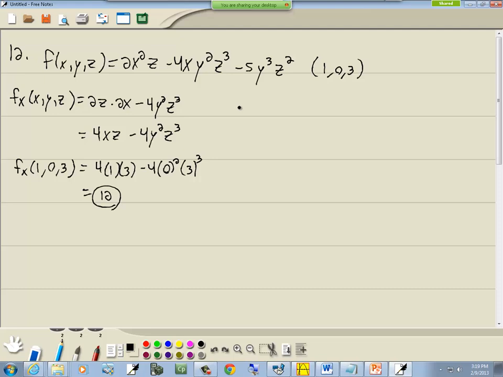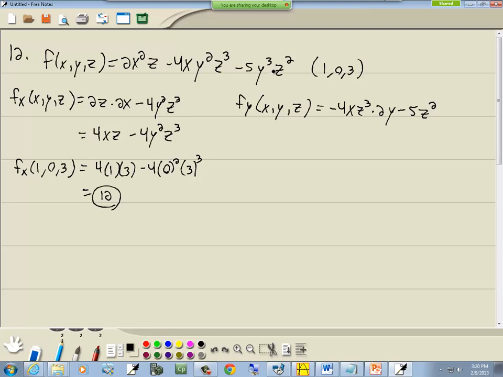Okay, so let's find the partial now with respect to y. The 2x squared z, there's no y here, so all that's constant, so that drops away. And on here I'll have negative 4x z to the third, and then the derivative of y squared is 2y. Minus, the 5 remains, the z squared remains, and we treat those as constants.